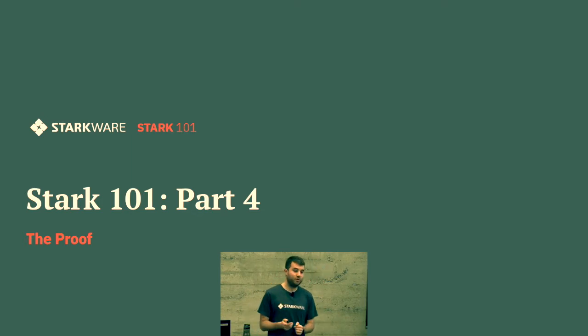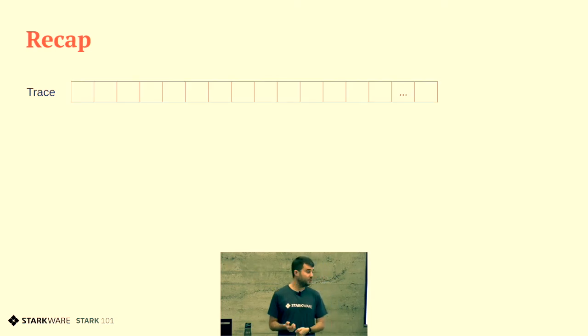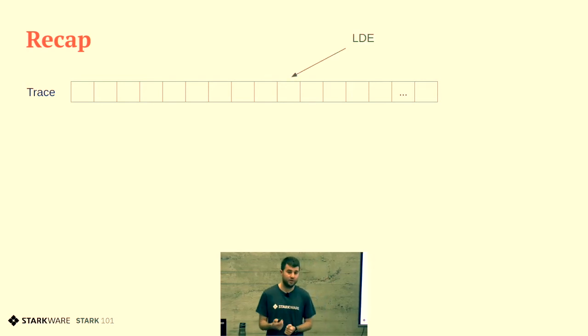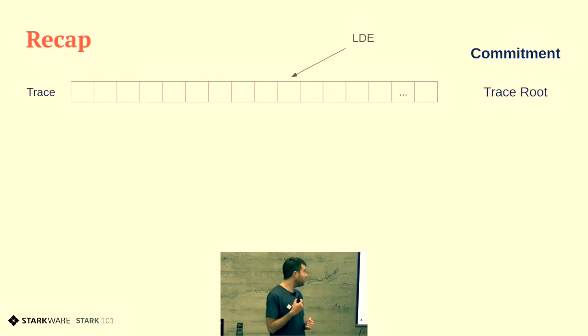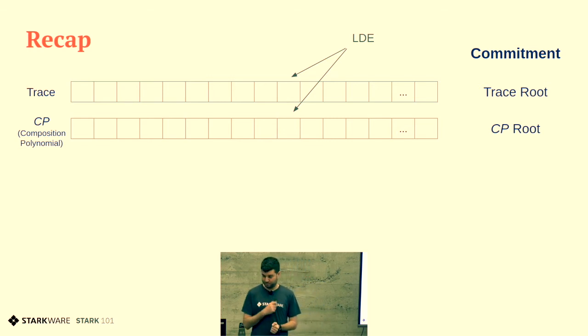So, before we start, let's have another short recap. In the first talk, we computed the trace, and when I say trace, I mean the trace on the low degree extension, the LDE, and we committed to the trace by sending the trace root to the verifier. In the second talk, we computed the composition polynomial, again on a low degree extension, and we committed to the composition polynomial by sending the CP root.